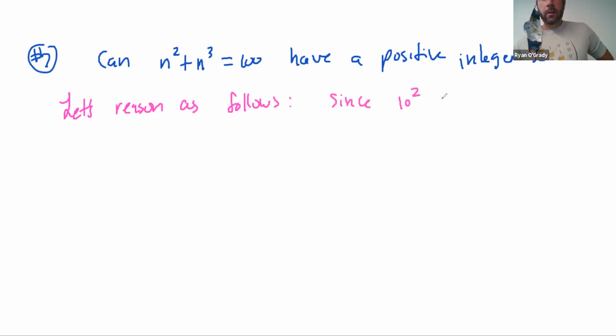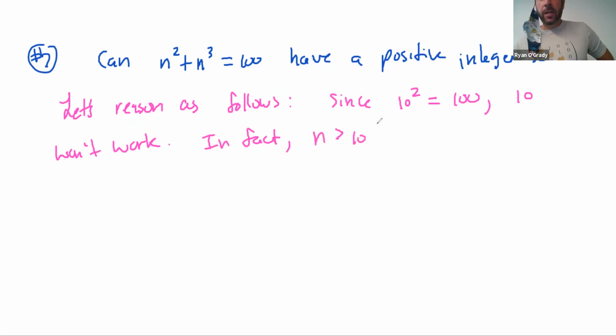Since 10 squared is equal to 100, 10 can't work. In fact, n greater than 10 won't work. Let's make sure we understand why 10 can't work. It's impossible for 100 plus a number that's positive to equal 100. We understand that, right? So if you try to place 10 in there, it can't work.